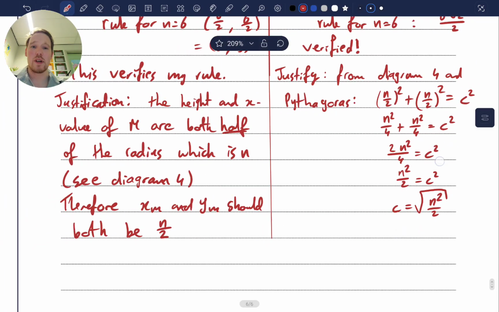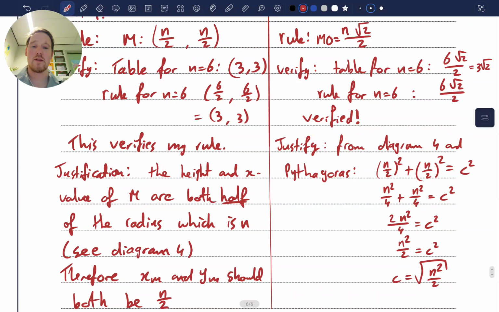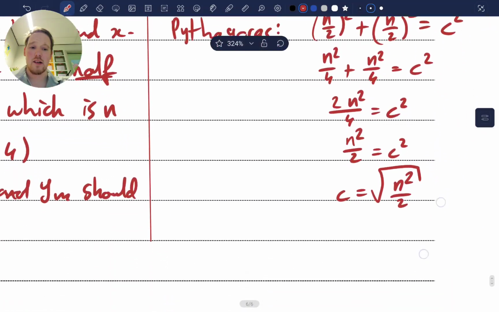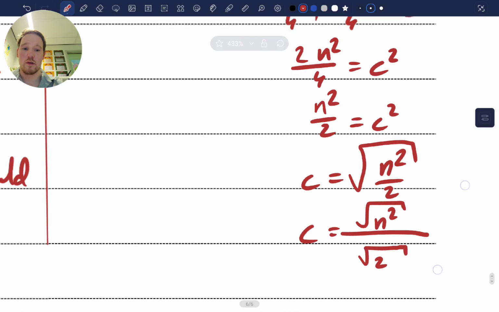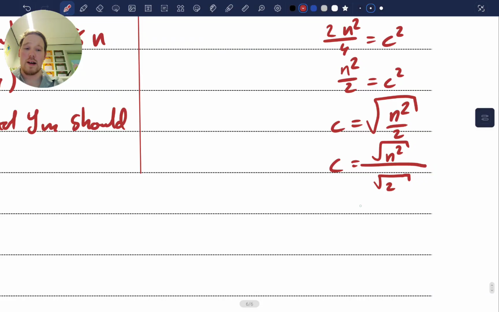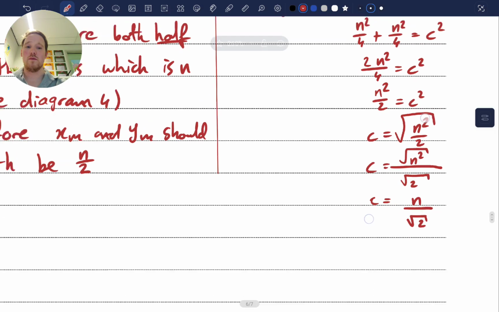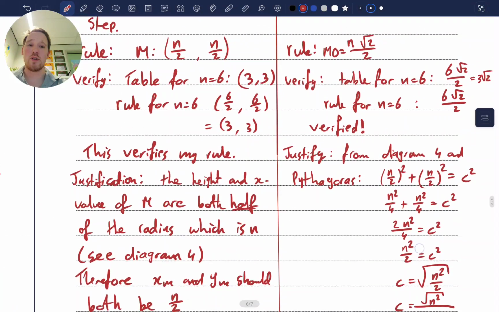This is not exactly what we needed to show, because we need to show a slightly different form of this, and we can get there if we split the square root. C is equal to n squared under a square root divided by 2 under a square root. Now n squared in a square root is equal to n. So we're left with n over square root of 2. And we need to now show that this is the same as n root 2 over 2.